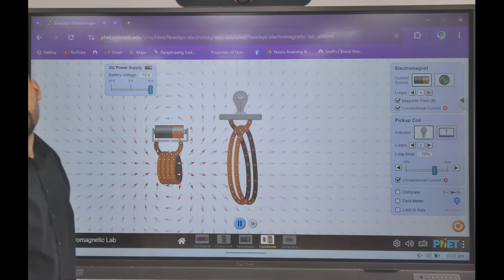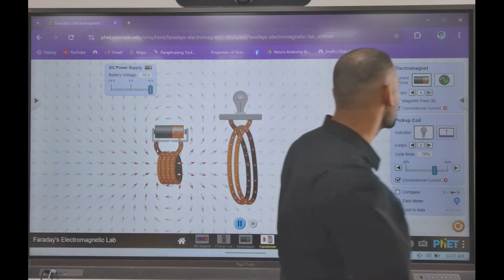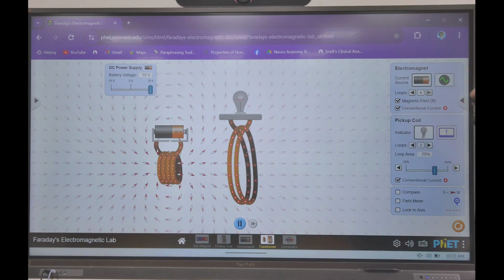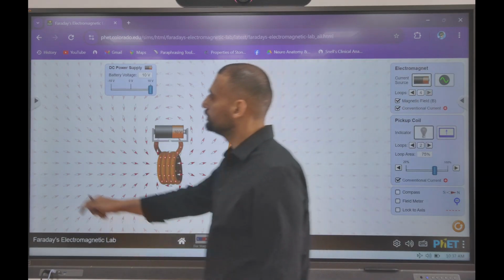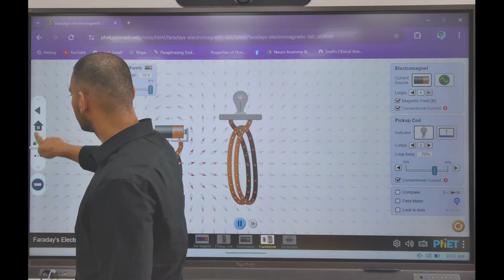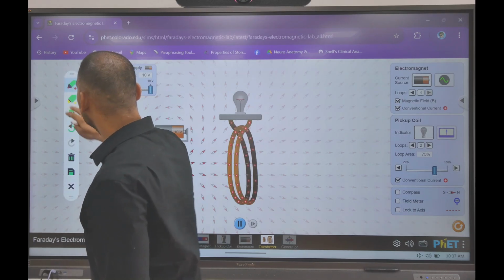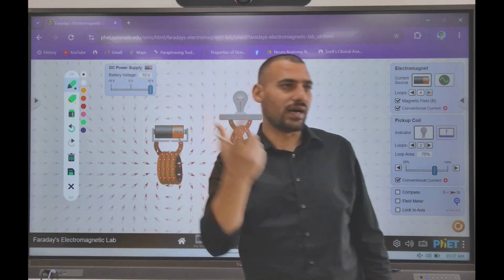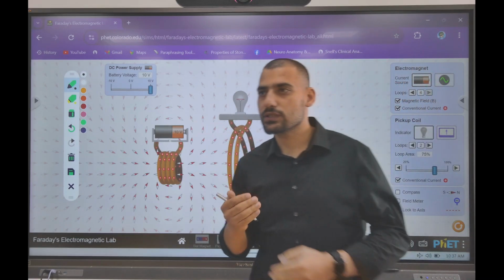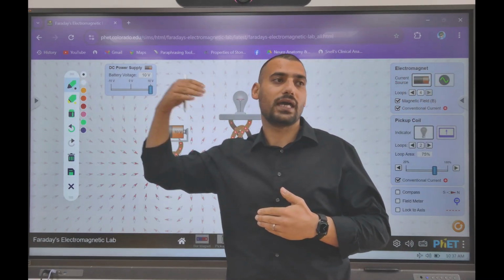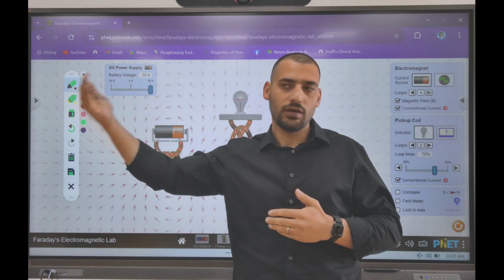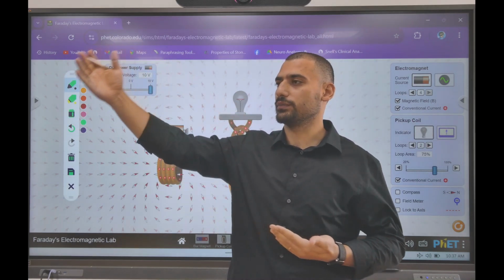Now, what is a transformer? First of all, you need to understand what a transformer is. It is a device which helps to transfer energy from one place to the other place.